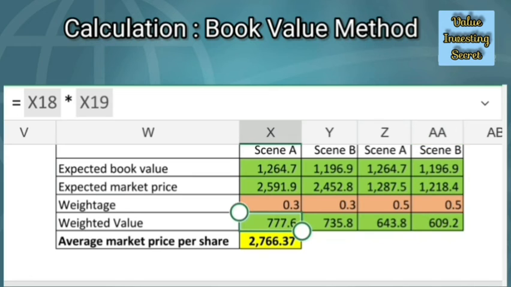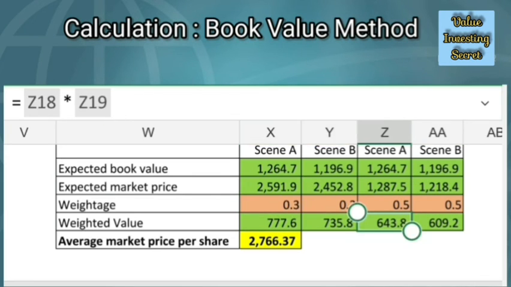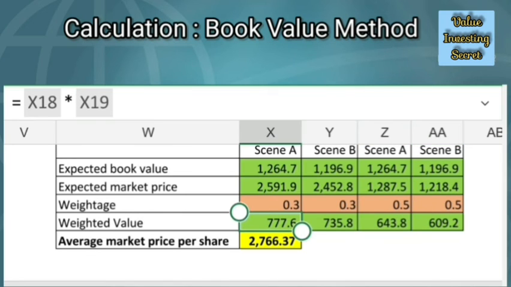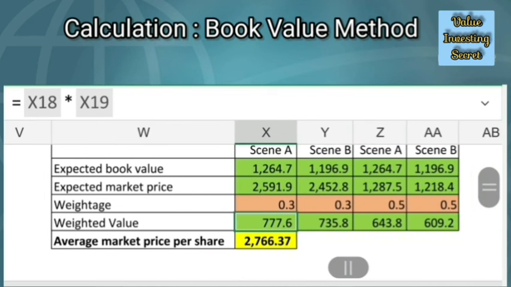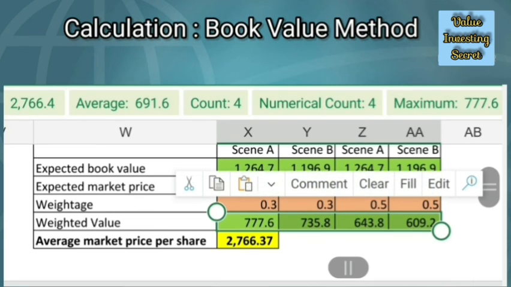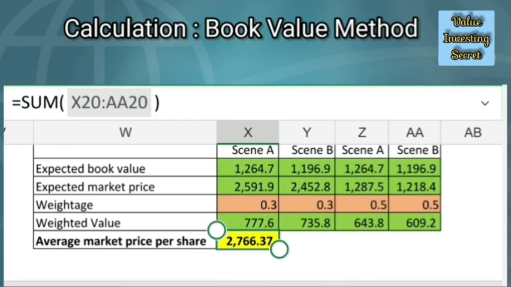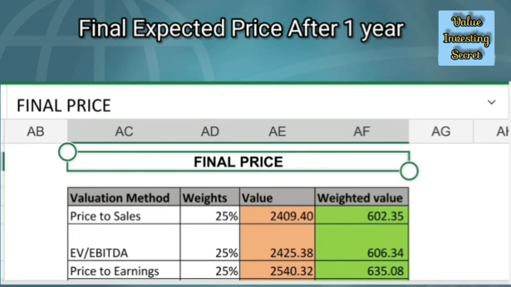The calculated price will be more accurate when we consider more and more scenarios and give weightage. So these weighted values have to be added to get the final price. In this method we got the final price of 2,766 rupees per share.